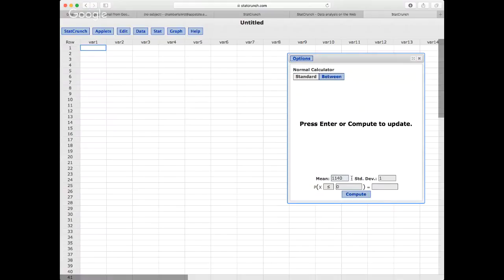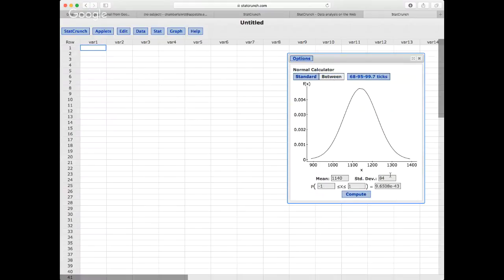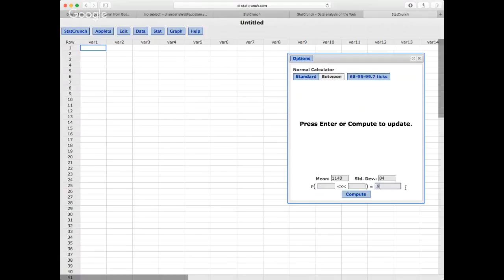So we have the mean there. Standard deviation is given at 84. And this is a between idea, right? I want to capture 90% of the data, so I'm going to put 0.9 here. I'm using the between version.